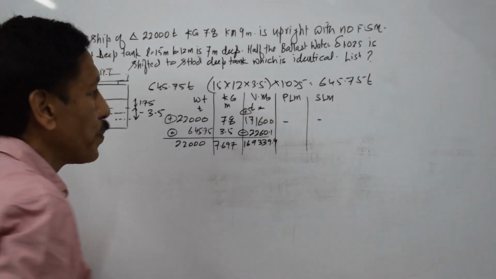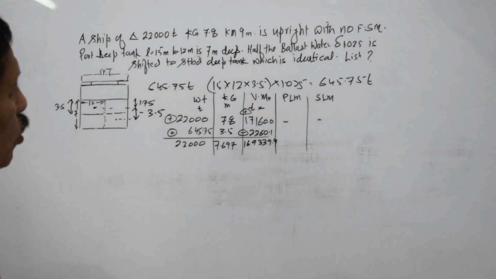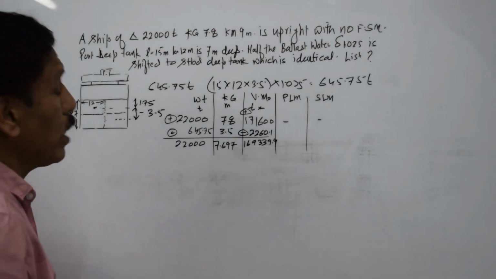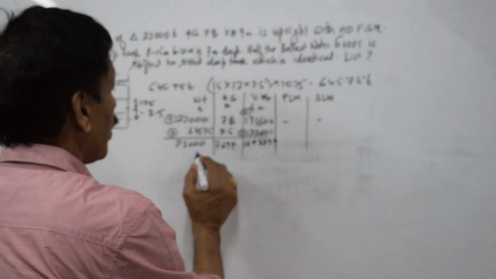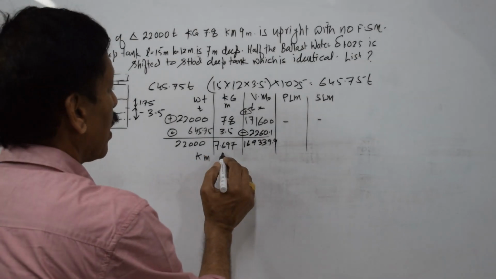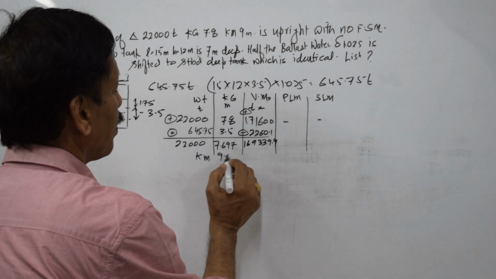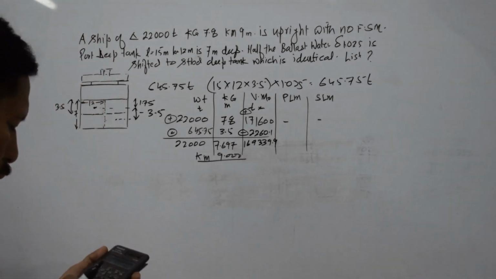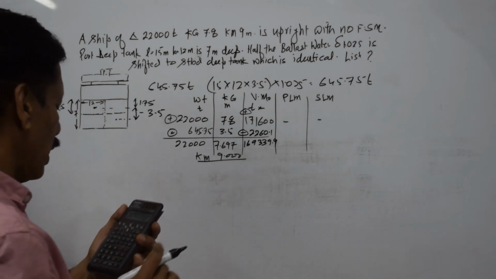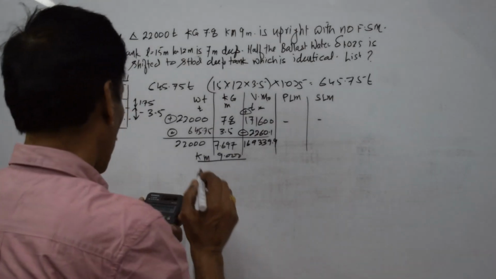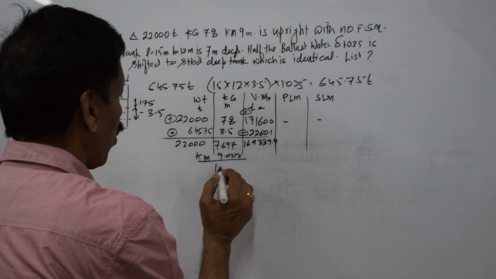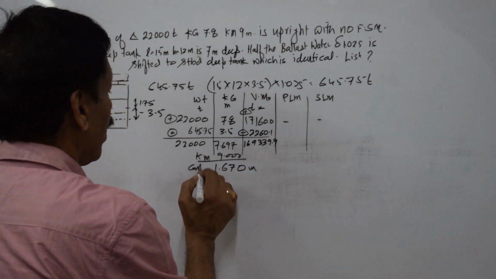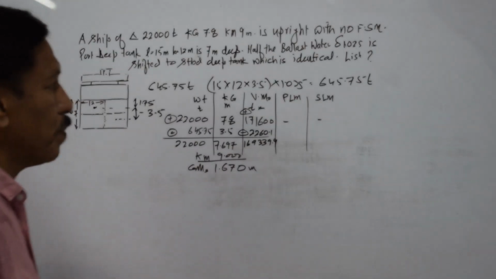For the small change, there is basically no change of displacement, so the KM remains the same. KM is 9 meters. So what is the GM? GM is 1.669, or I can say 1.670 meters, but it is GM solid.